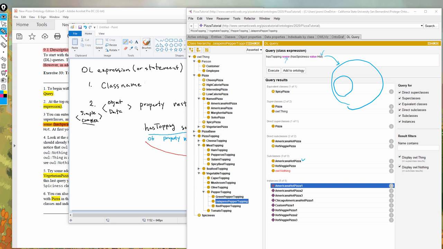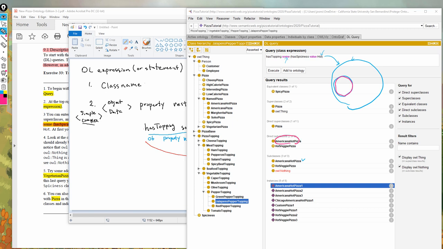And obviously, the American hot pizza, for example, has a jalapeno topping, right? Which is hot, right? So it should be the subclass of this class, right? So this is the Americana hot pizza, right?